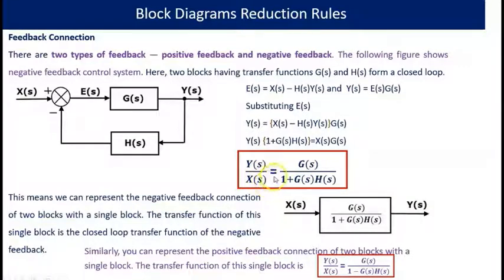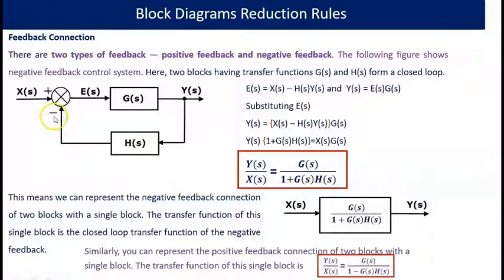Y(s)/X(s) is equal to G(s) divided by 1 + G(s)H(s). So we can replace the block diagram for the closed loop system by a single block having value G(s) divided by 1 + G(s)H(s).